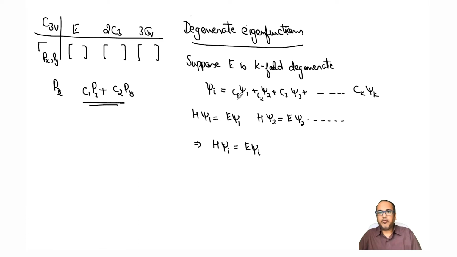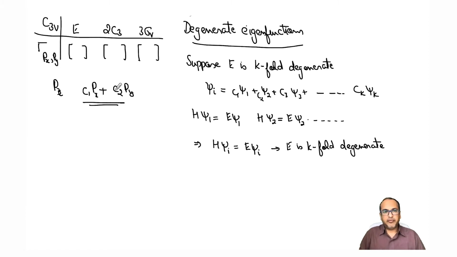So all of them will give you the same energy. If there are multiple eigenfunctions which give the same energy, then a linear combination of those eigenfunctions would also give the same eigenvalue. So in this particular equation, my E is k-fold degenerate.